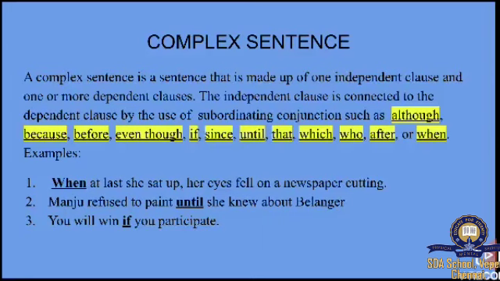So the combining of one independent clause with one or more dependent clauses is called the complex sentence. I hope all of you are clear with what a simple sentence, a complex sentence, and a compound sentence is. So now, let's look at the exercise.